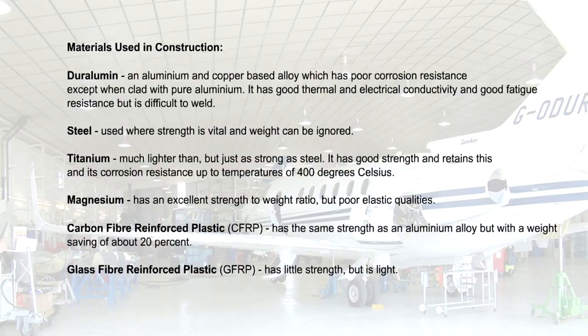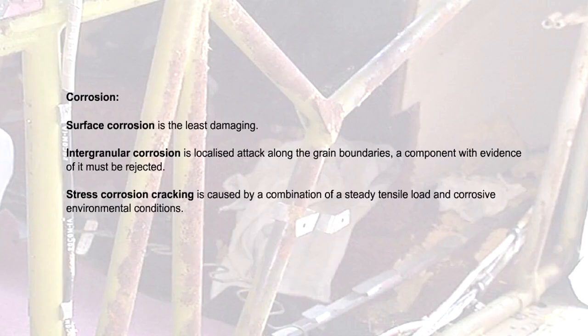That ends this lesson. You should now be familiar with the various materials used in aircraft construction and the advantages and disadvantages of each material. You should know the causes and effects of corrosion.